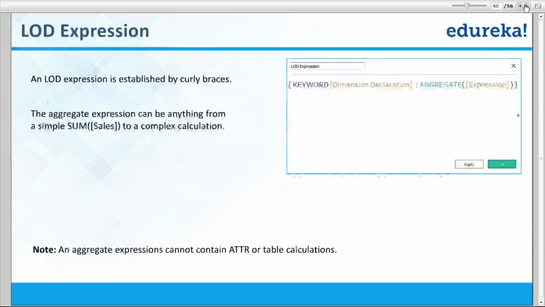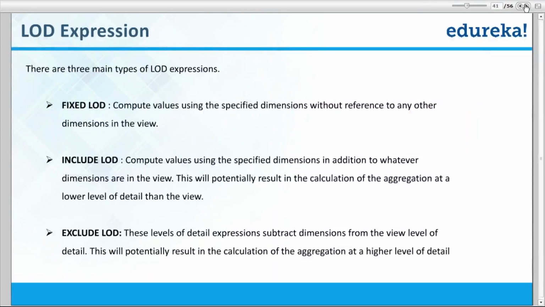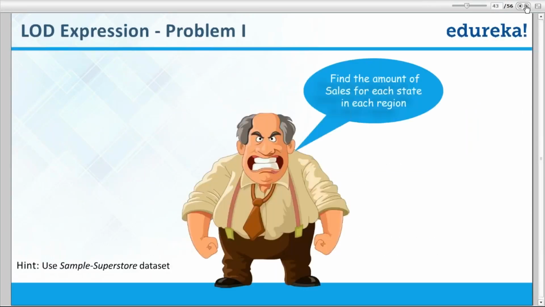Let me first show you an example, then let's move on to this. Okay. So this LOD expression, if you see, friends, here is an example for you. Find the amount of sales for each state within each region. So find the amount of sales for each state in each region.